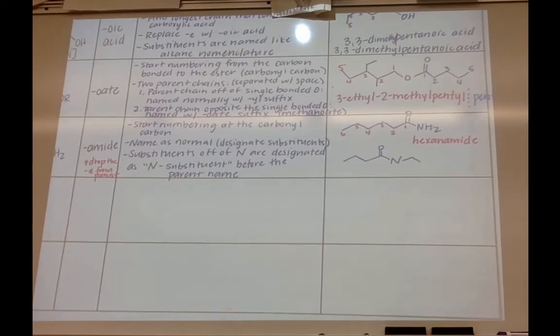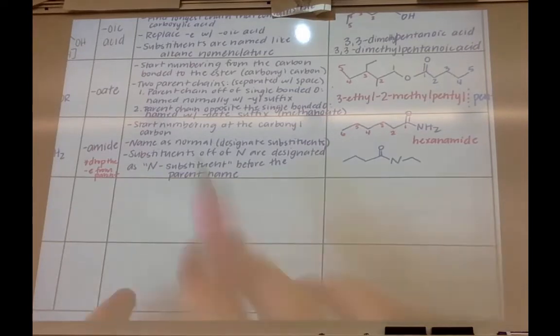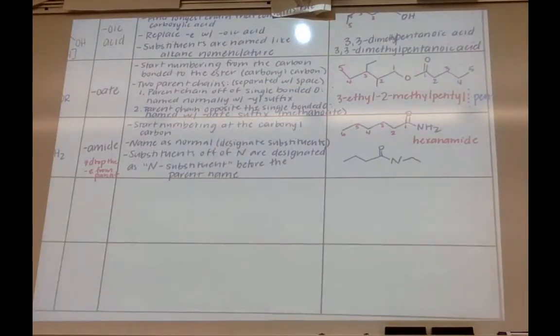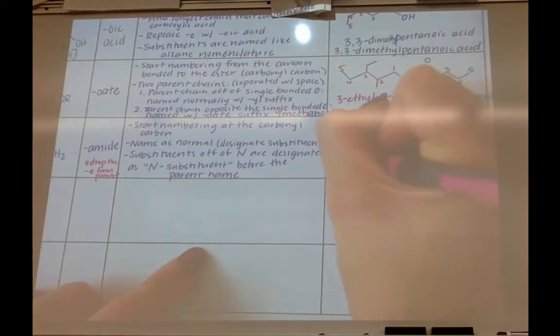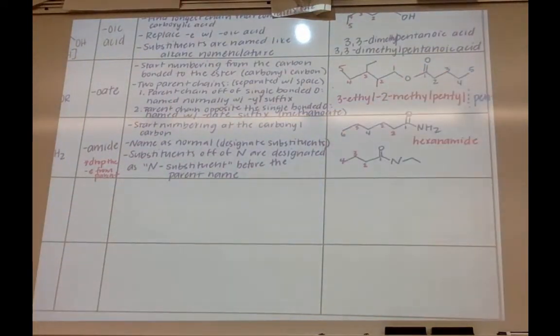Now the second one, I want to show you the second one just because there is something off of that N. We have to see how we would designate that. So we're going to have numbering in two places. I'm going to start the numbering at the carbonyl carbon. 1, 2, 3, 4. The side with the carbonyl carbon is what determines our parent chain.